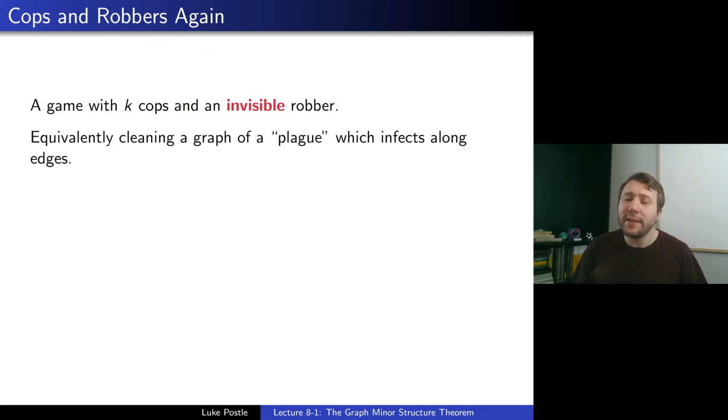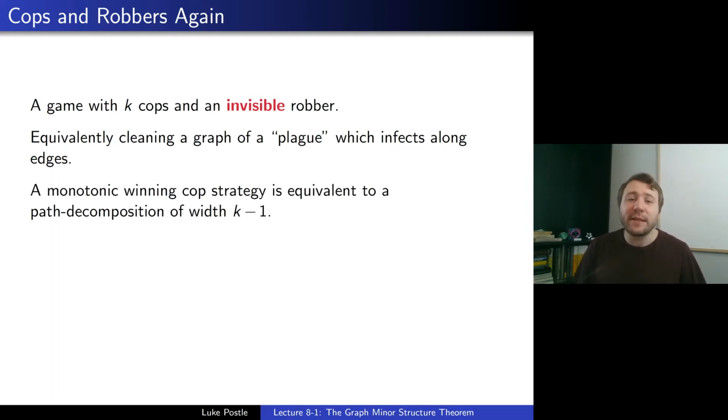A different way to think about this is equivalently, you're cleaning a graph of a plague, which infects along the edges, and you need to have the cops sweep the graph from left to right to make sure that you've ridded the graph of the plague. In that sense, it becomes clear that a monotonic winning cop strategy is equivalent to a path decomposition of width k minus 1. You're not allowed to branch according to where the robber goes because you can no longer see the robber.